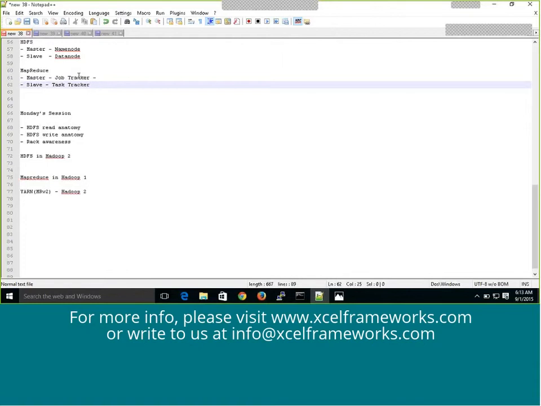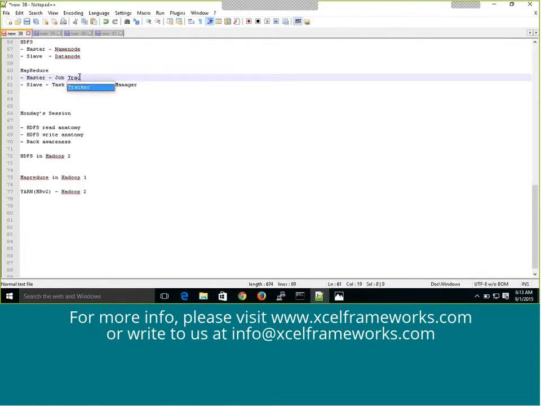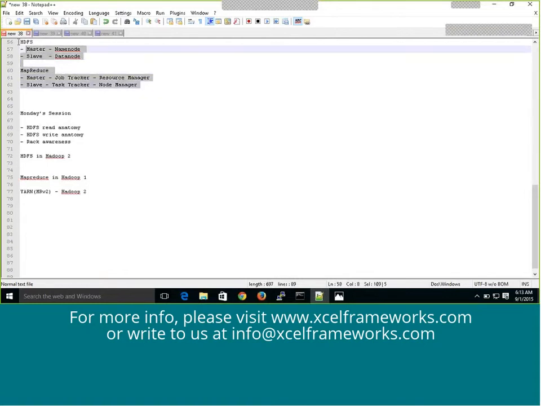Well, you said node manager, but node manager is not the master. Oh, it's a resource manager. Sorry. Perfect. So these are the only daemons that we need to be talking about.